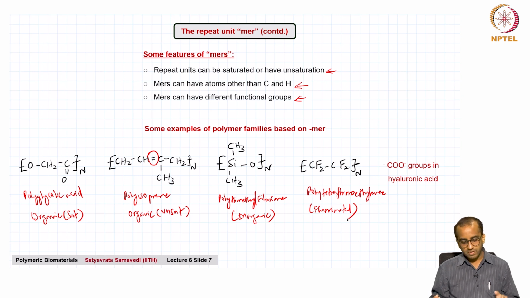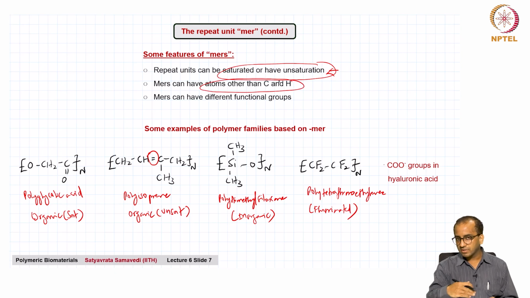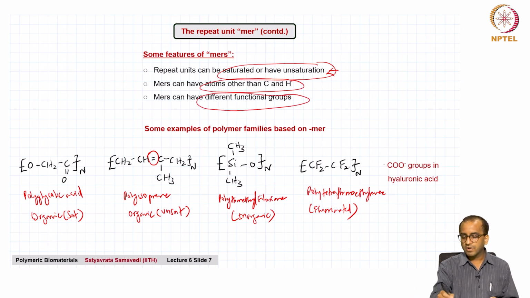We are going from an organic saturated to an organic unsaturated to inorganic to a fluorinated polymer, depending on whether they have saturation or unsaturation in the backbone, whether they have carbon hydrogen based mer, or whether they have functional groups that are specific.